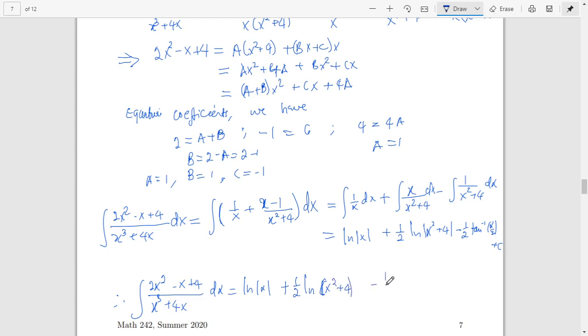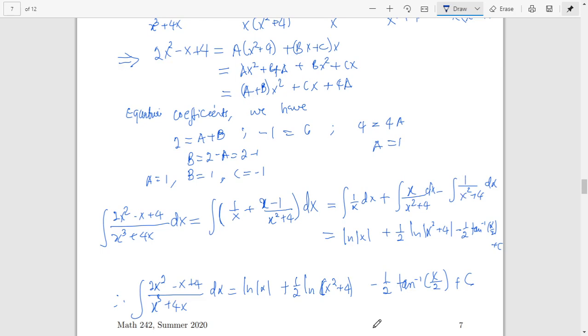And then minus 1/2 inverse tangent of x over 2 plus a constant c. I didn't really go through the process of integrating these terms because I believe at this time each of us knows how to integrate things that look like this. That's why I just quoted the integral that way.